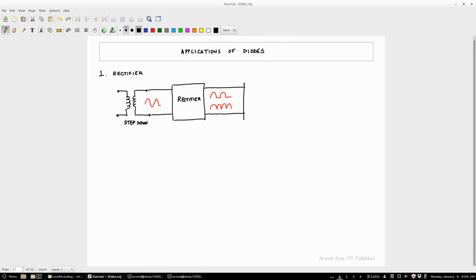What do you do after the rectifier? What do you want, a flat DC, right? Is this a flat DC? This is slightly more but less. It's still not DC. So what do you do?